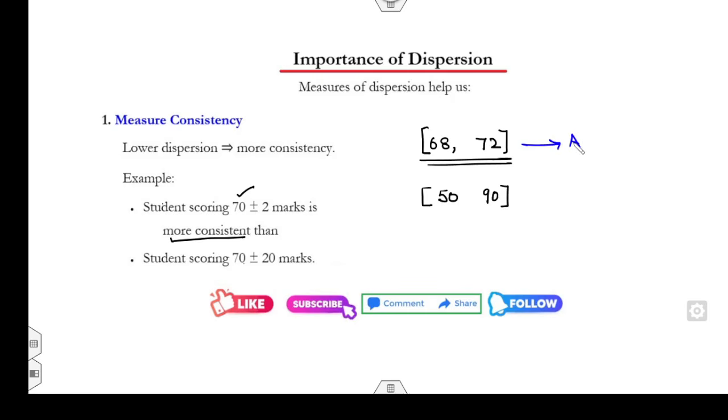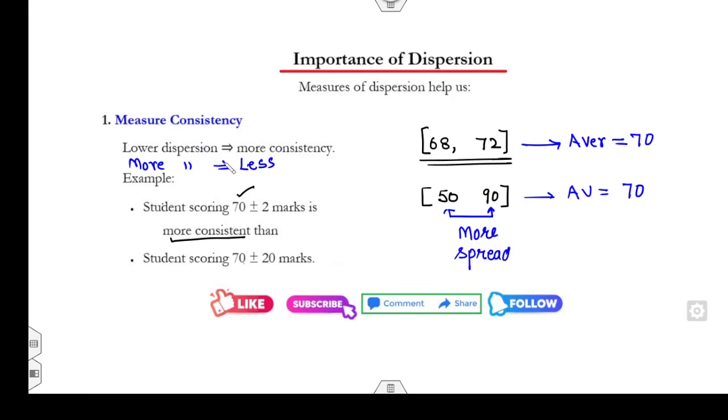Although the average in both cases is 70, the average is the same, but clearly the second has more variation, more spread. If it has more spread, then it has less consistency. More dispersion implies less consistency. Therefore, the student whose marks are between 68 and 72 is more consistent as compared to 70 plus minus 20.